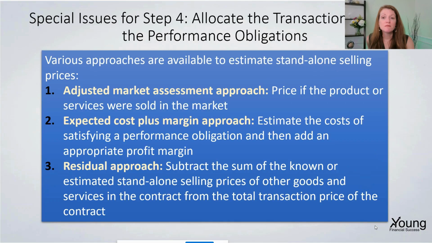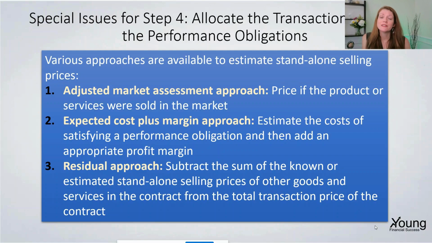So we have the adjusted market assessment approach. This is where the price is what the product or service would be sold for in the market. So if we know what it would sell for in the market, then we could use that approach. We have the expected cost plus margin approach. So we estimate the cost of satisfying the performance obligation, then add an appropriate profit margin to it.